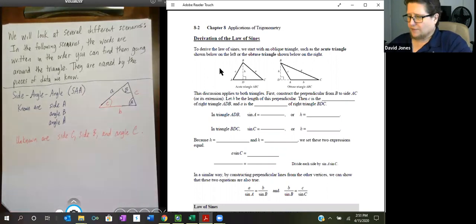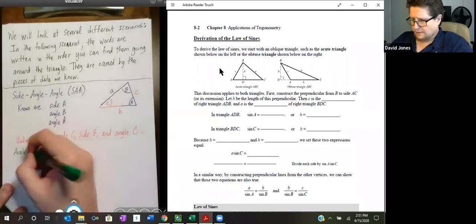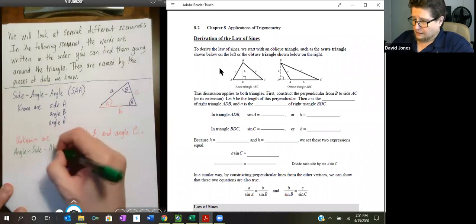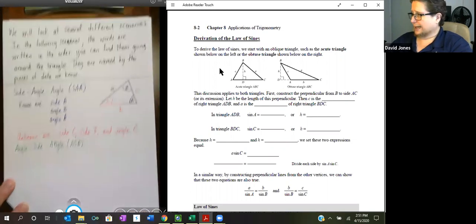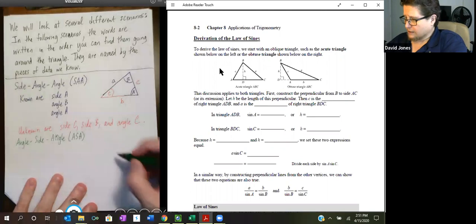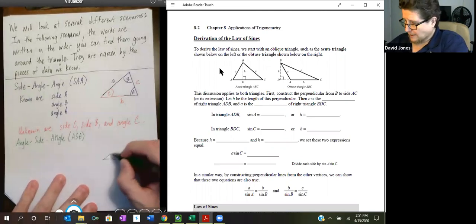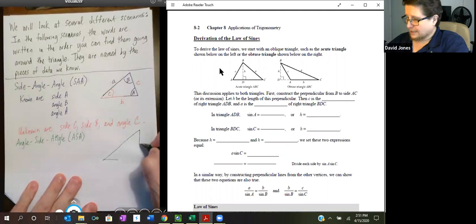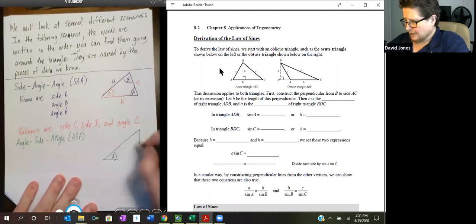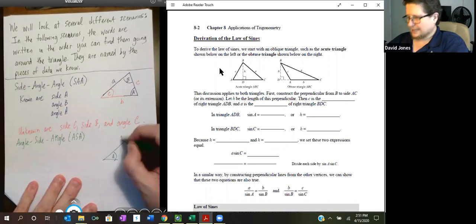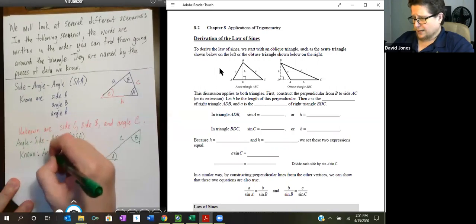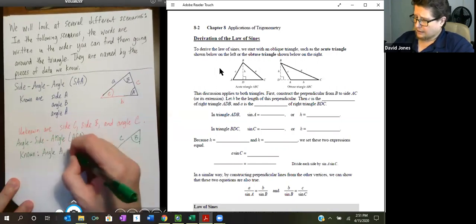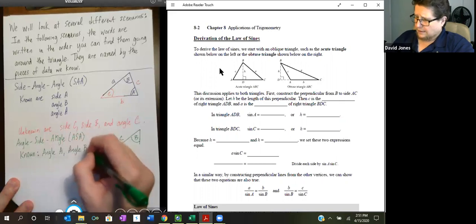This is a little bit different than angle side angle. In both cases, we know two angles and one side. But here we might have angle A, angle B, side c. So known are angles A and B, and side c.